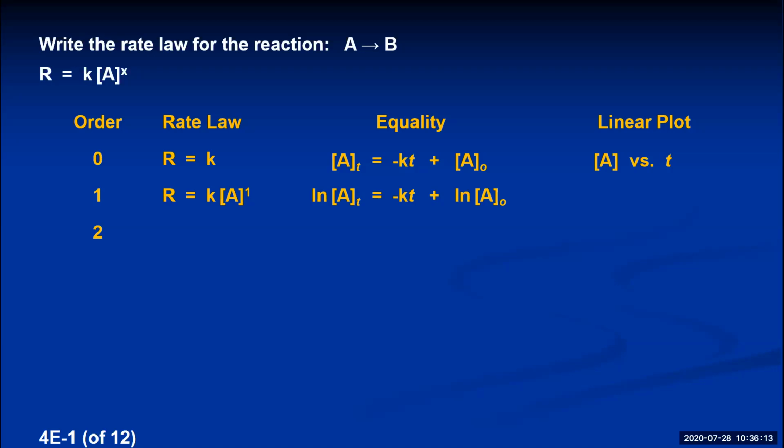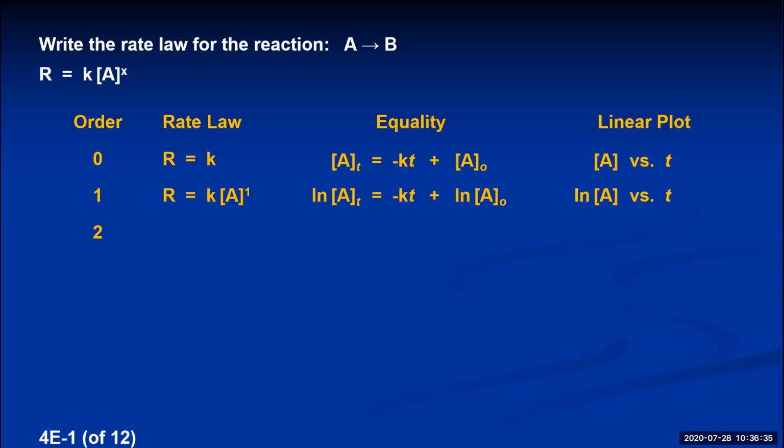This also fits the form y equals mx plus b, but for first order kinetics, a linear plot will be produced if you graph the natural log of the concentration of A versus time. The slope again will be negative k.